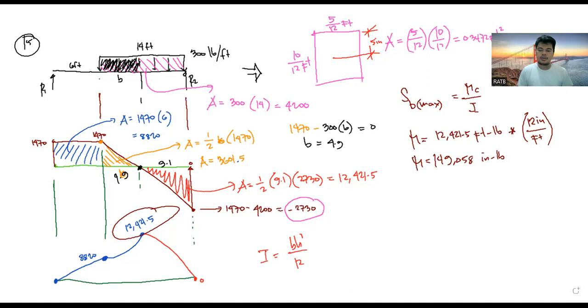Just refer to the part in the recorded lecture wherein the formulas are shown. Base is 5 inches, height is 10 inches, divided by 12. So moment of inertia, that's 5 times 10.